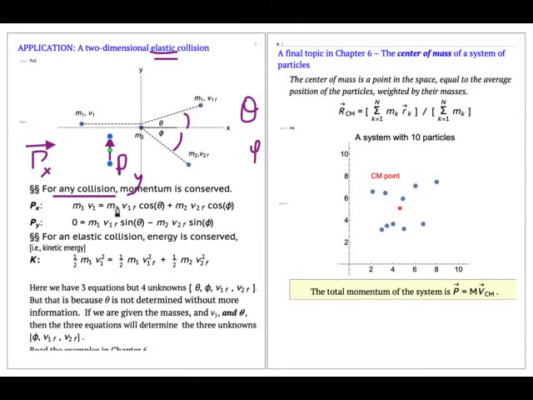It'll be m1 v1 final cosine theta, that's the projection onto the x-axis for v1, plus m2 v2 final cosine phi, that's the projection onto the x-axis for the momentum of mass m2. So there are two equations relating these various variables.